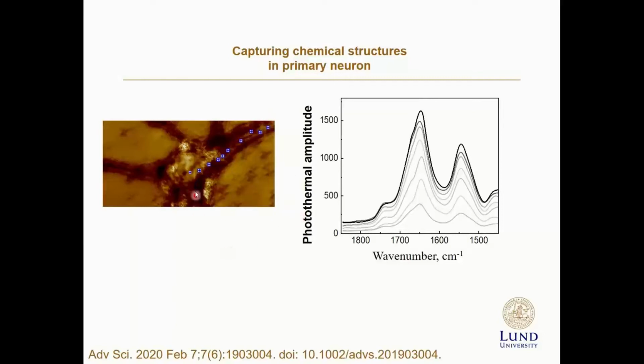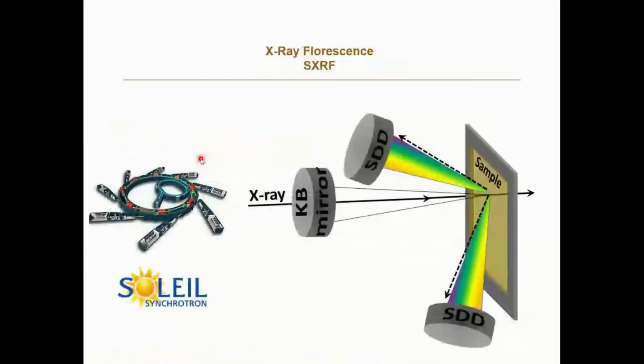In that sense, we addressed the penetration depth of O-PTIR, and we showed that neuron is a sample that can be used for O-PTIR study, and intensity of spectra can be used to estimate the thickness of neuronal outgrowth.